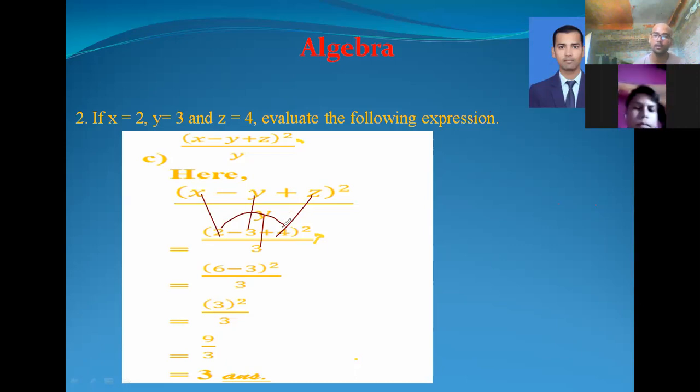That's why we add 2 and 4 first, so 2 plus 4 is equal to 6 here. You can see here 6. Okay, and minus 3 is given here, and the denominator 3 is copied here again.